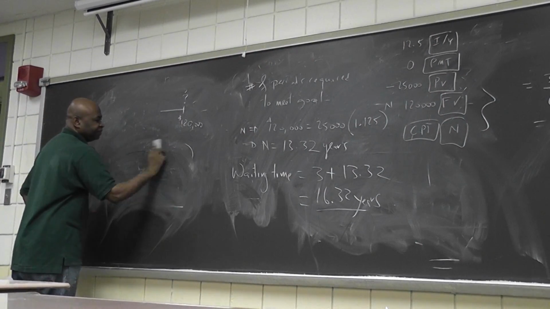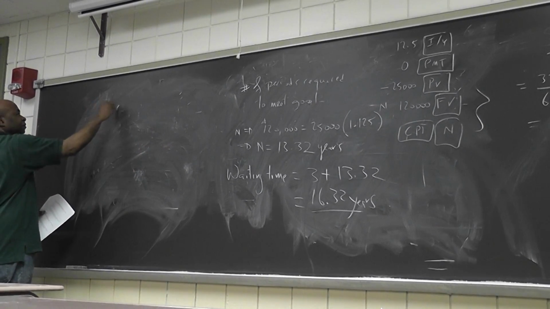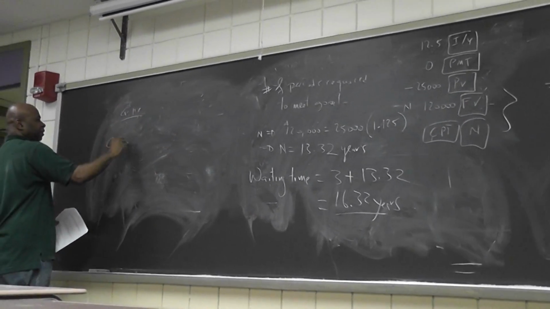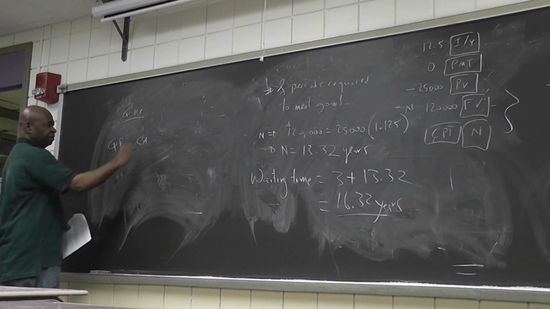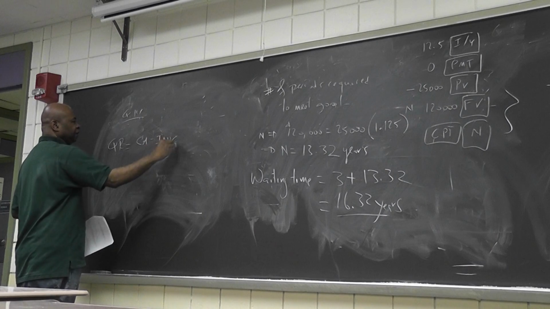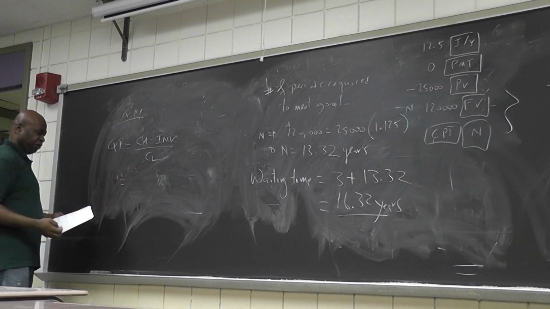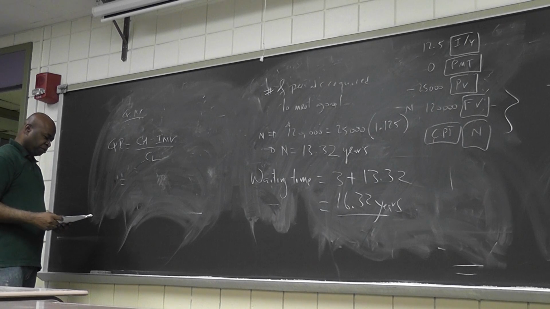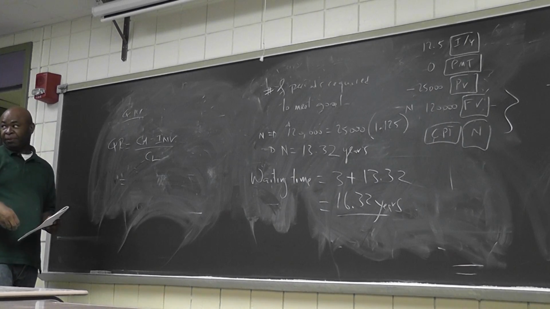Current assets minus inventory, divided by current liabilities. Very good. And then, do we know the current asset here? Not directly, but we can get it through the net working capital, right?